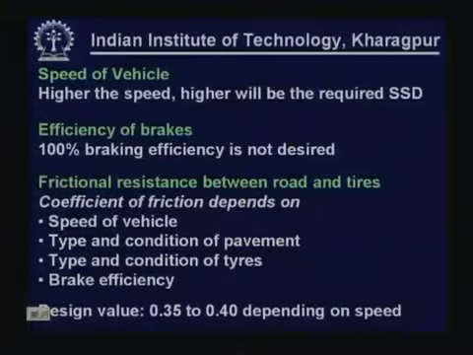It depends on the frictional resistance between road and tires. The coefficient of friction depends on the speed of the vehicle. The higher the speed, the lesser the value of the coefficient of friction. It also depends on the type and condition of pavement. Type means whether it is a bituminous pavement, water bound macadam, an earthen road or a concrete road.